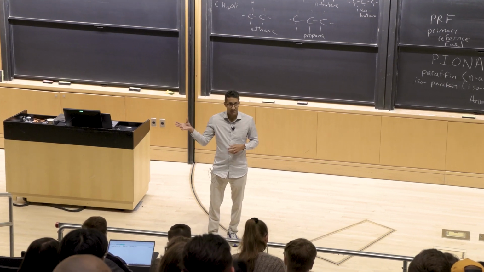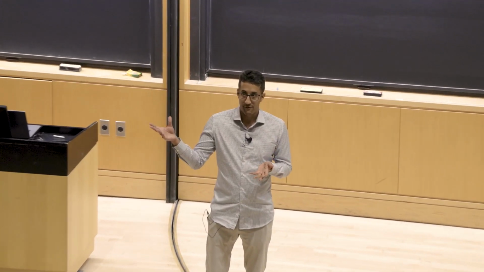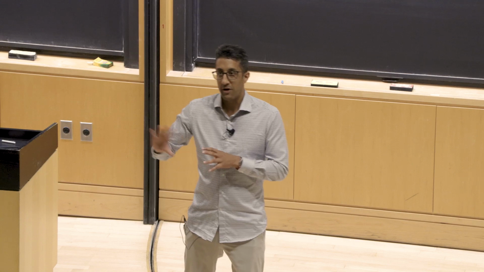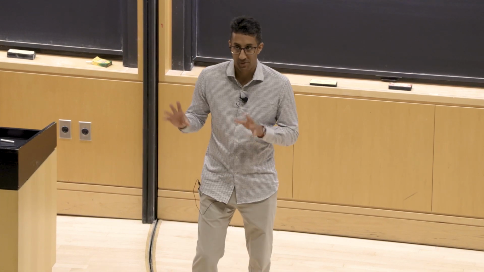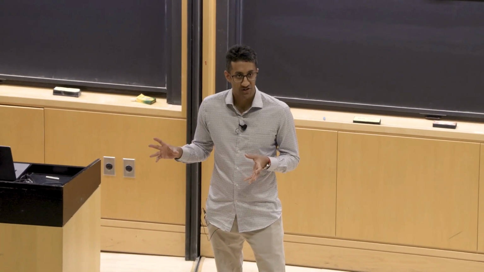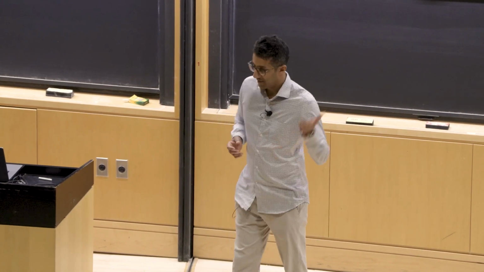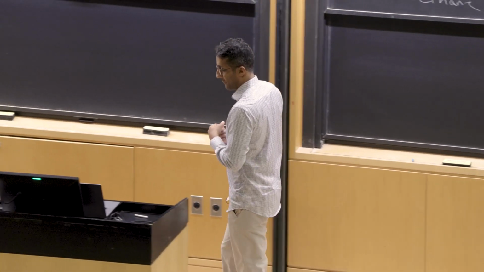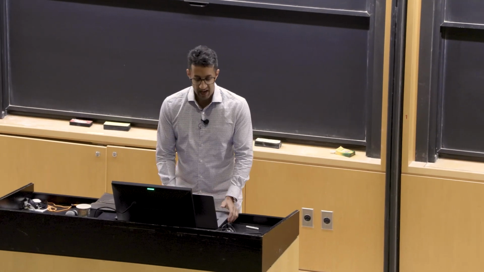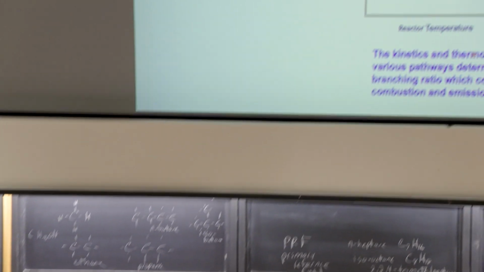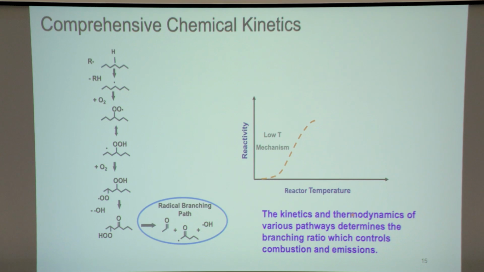If we're pyrolyzing the fuel, meaning we're reacting fuel without oxygen, not necessarily burning, it's pyrolysis. Then you have carbon-carbon scissions. So here we're just showing for an oxidizing environment, the first step could be an abstraction reaction.